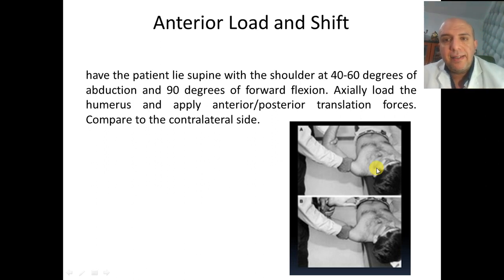Anterior load of the head on the glenoid, then shifting it anteriorly and posteriorly. This test is done for the anterior dislocation and the posterior dislocation. Loading is loading the head in the glenoid, and cranking is cranking the head inside the glenoid.